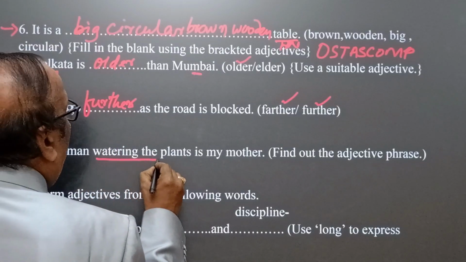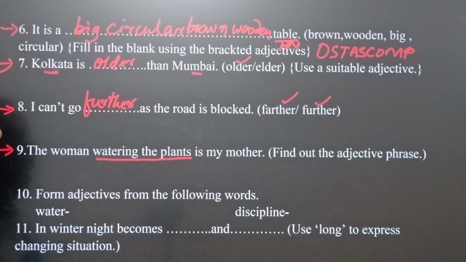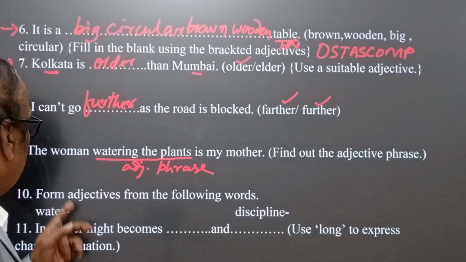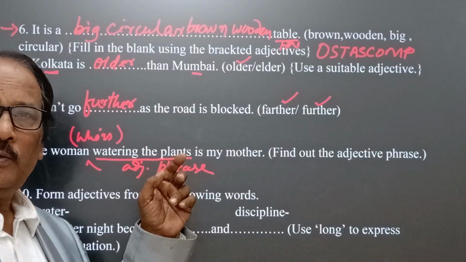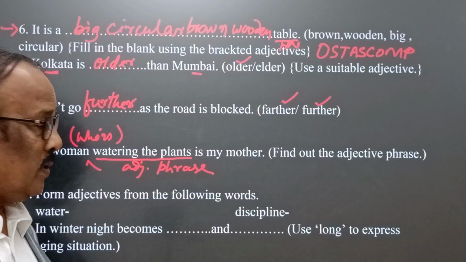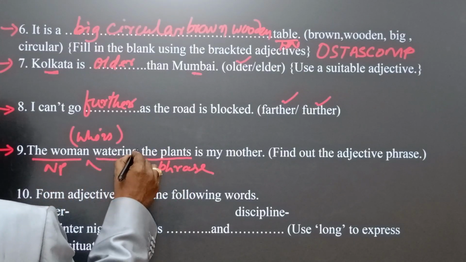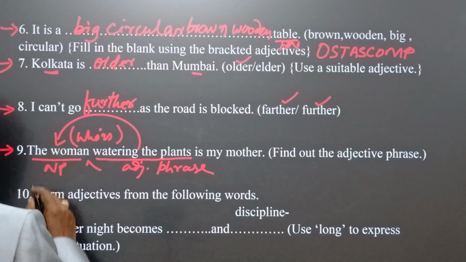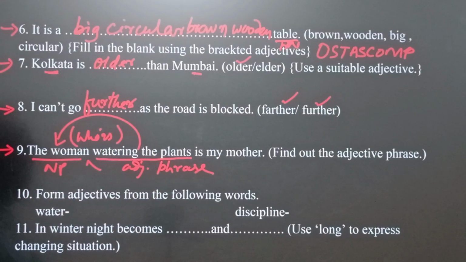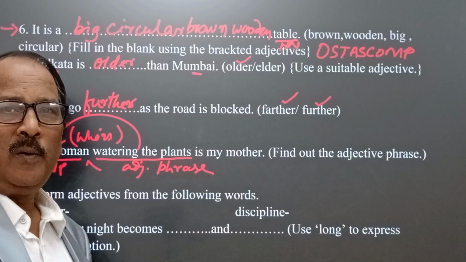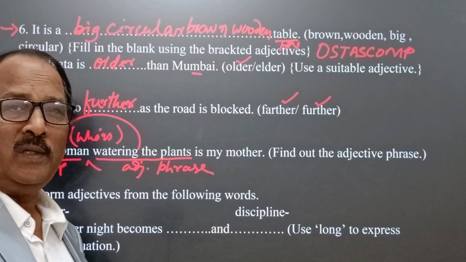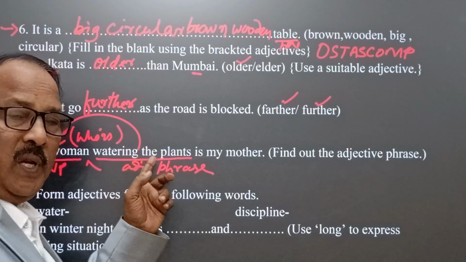Watering the plants is the adjective phrase. It is because the words who and is have been dropped. This qualifies the noun phrase the woman. It means the woman who is watering the plants is my mother. This is the adjective phrase.